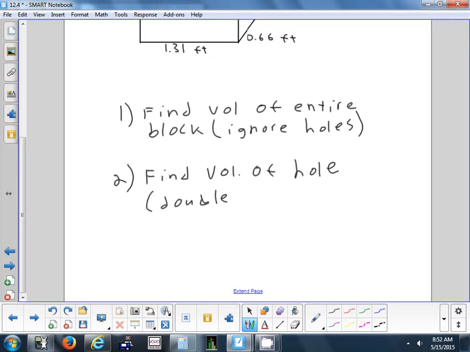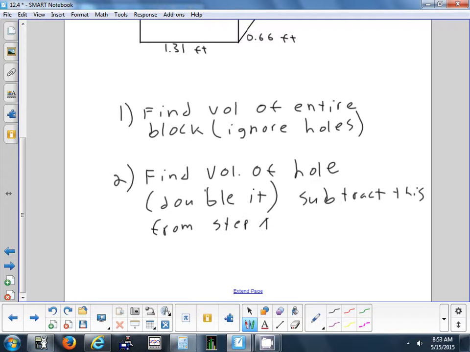Okay, double it. Just having trouble writing today. So find the volume of the hole, double it, and then subtract that from step 1. So subtract this from what you got in step 1. Now that's only going to give us the volume of the block.